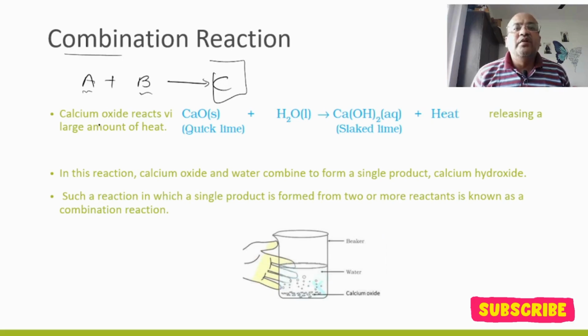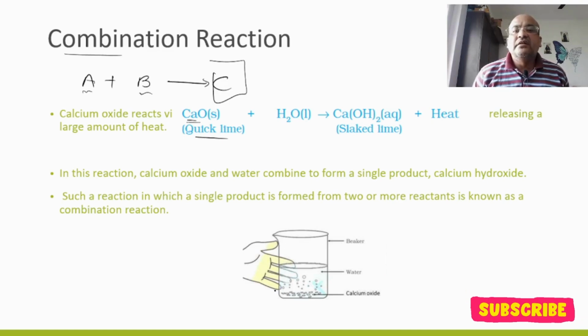Let us take an example of calcium oxide. Calcium oxide reacts with water to give calcium hydroxide. We should always remember that calcium oxide is called quicklime. It reacts with water and we get slaked lime.